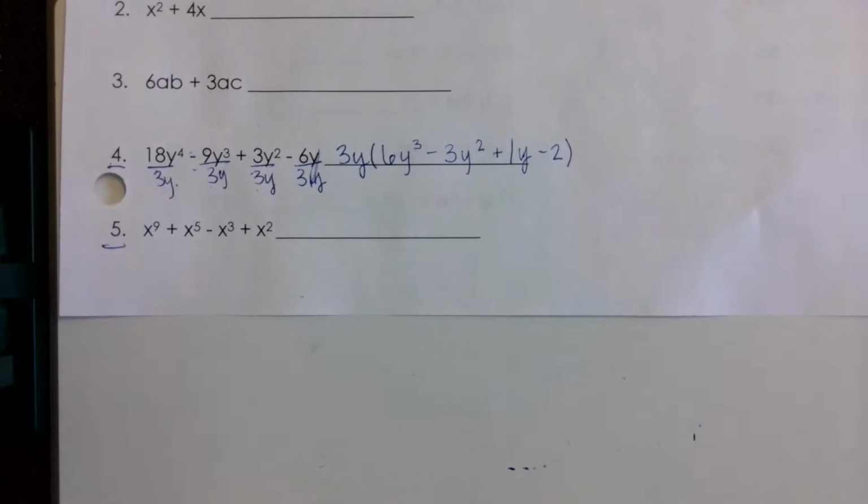Questions on that? Are we going too fast? And so again, how would you check your answer to be sure it's correct? Multiply it back out. We're not going to do that this time, but if you're not sure, it would be a good idea.